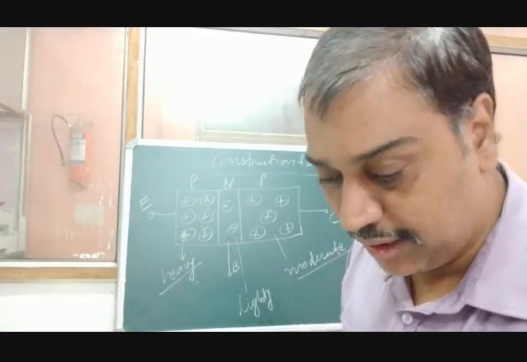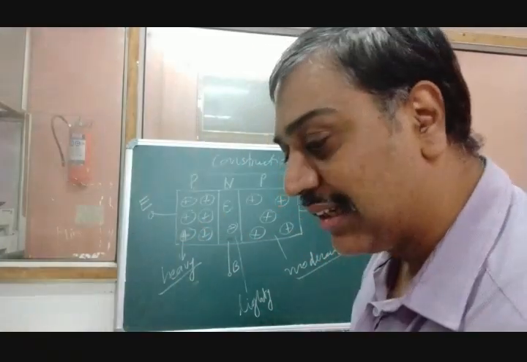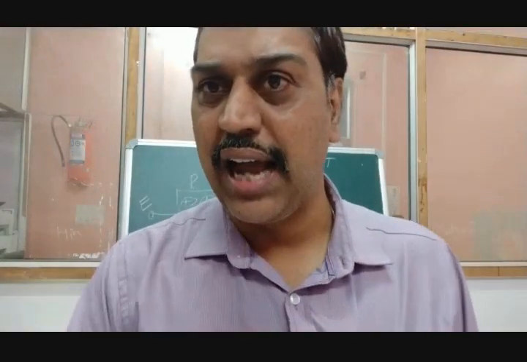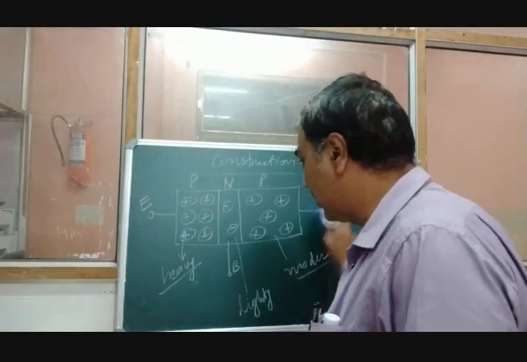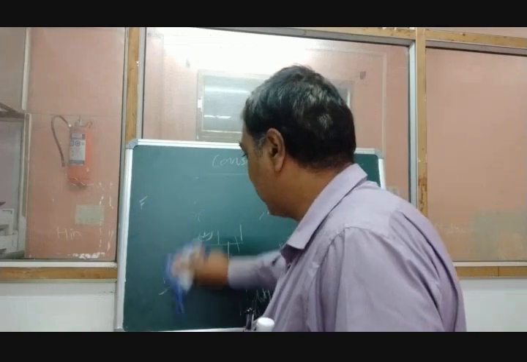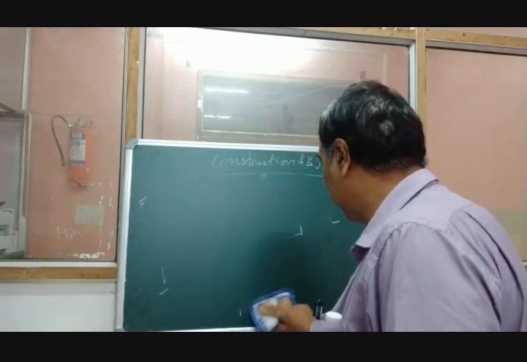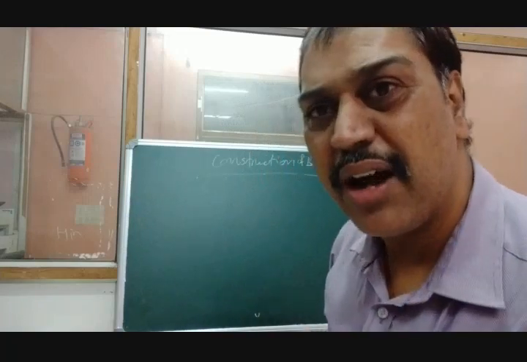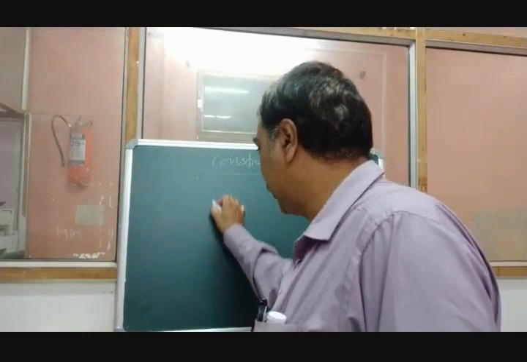Now let's go further. Further we are going to see the same in terms of the diagrams. So first of all I will draw the diagram. If you remember, we have seen in 11th standard or 12th standard also the first device of semiconductor that we have seen, the PN junction diode. It consists of such type of things.